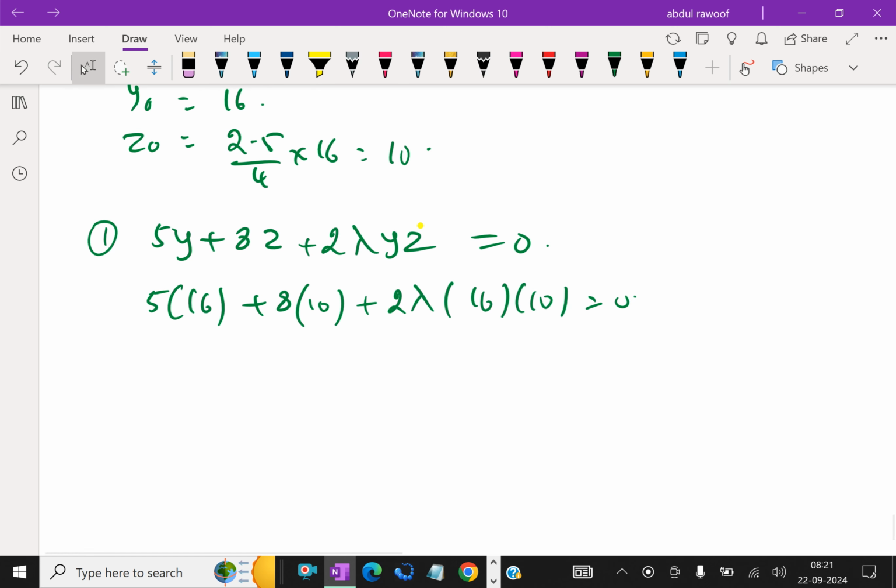Then we have 30 plus 80 plus 160 into 2 is 320.